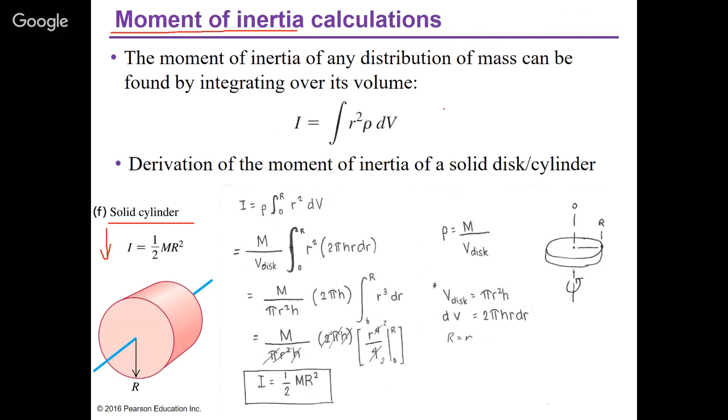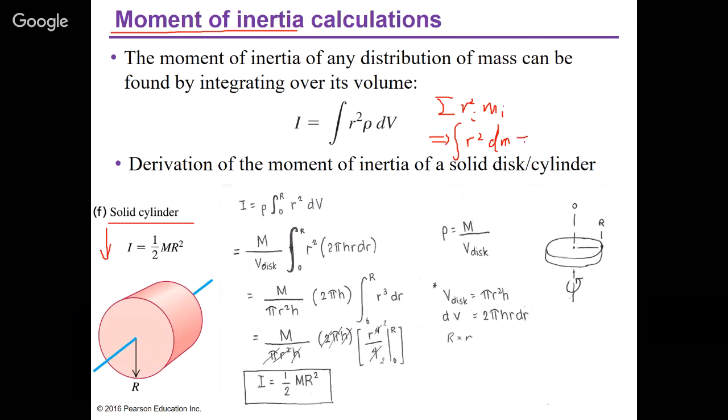In this case, we are converting this Ri square times mi into an integral, which will be r square dm, right?